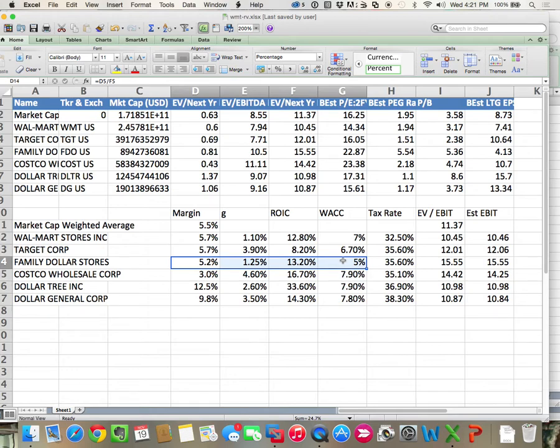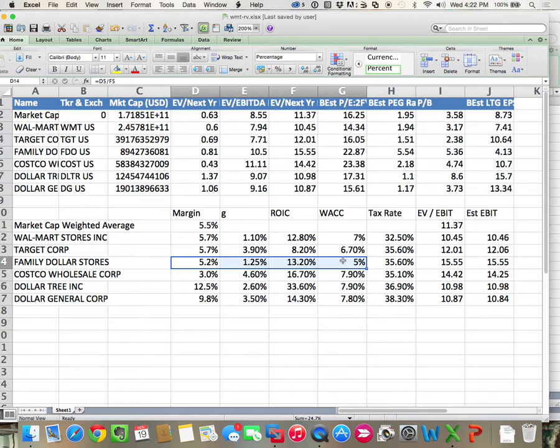So Family Dollar is not trading at a premium because they're a better company growing faster. They're growing at about the same rate, and they just so happen to have a lower cost of capital right now. I'm not sure that's sustainable over the long run, so I'm more concerned about Family Dollar's premium multiple than I am about Walmart's on a go-forward basis, because if Family Dollar loses that cost of capital advantage, which could easily be lost to the bigger companies, then their multiple is probably going to come down.